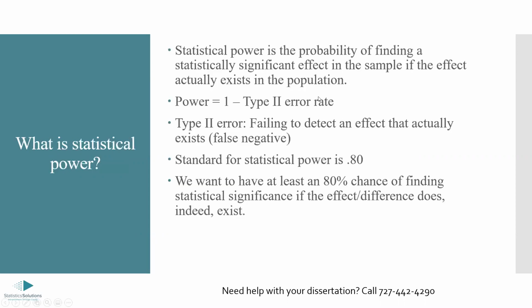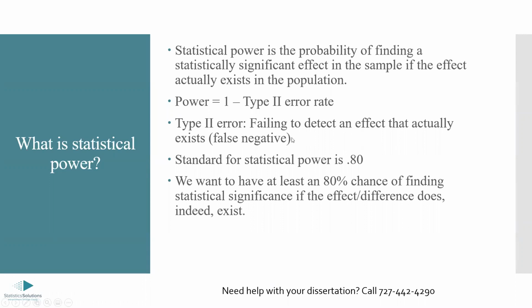So what is statistical power? Statistical power is the probability of finding a statistically significant effect in your sample if that effect actually exists in the population. So the power is calculated through this formula here, which is 1 minus the type 2 error rate. Type 2 error refers to failing to detect an effect that actually exists.